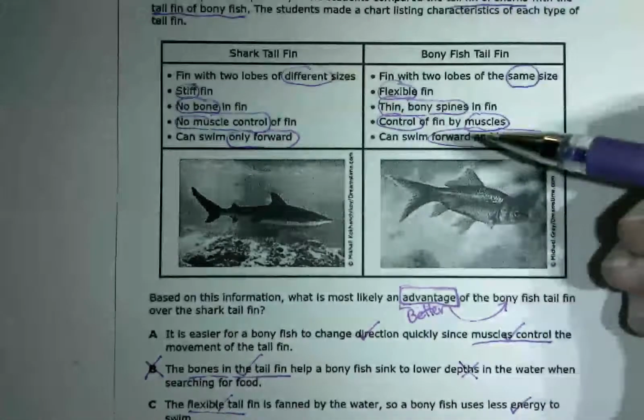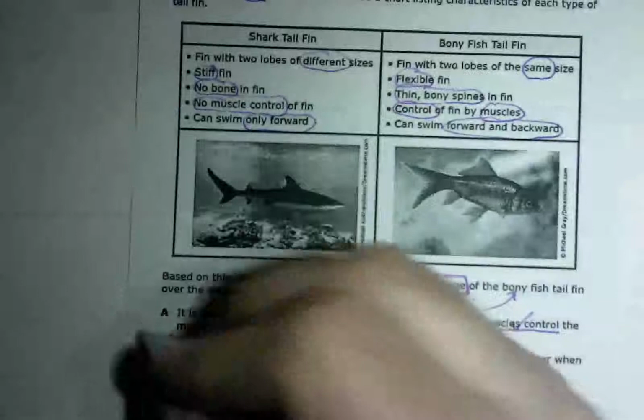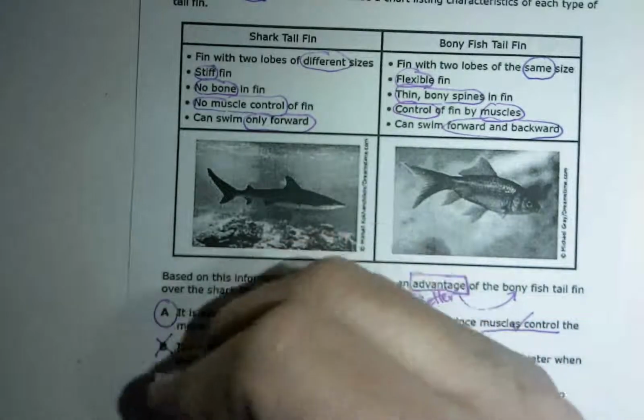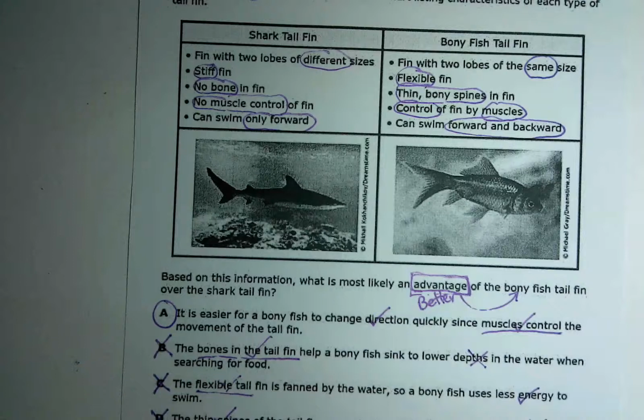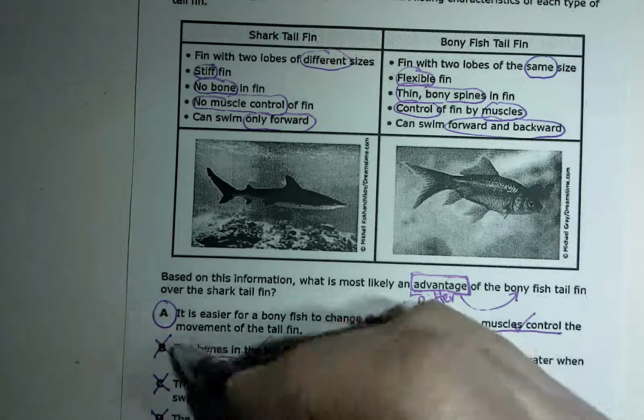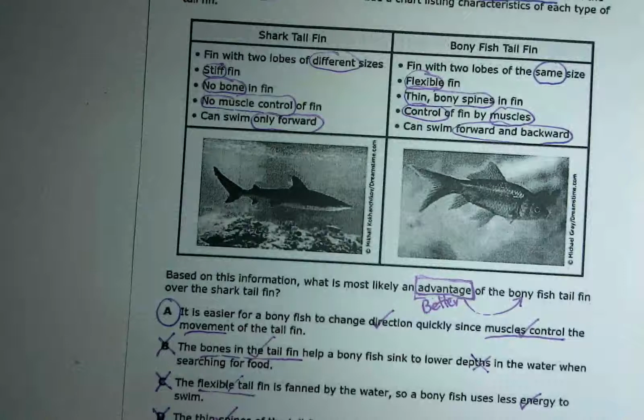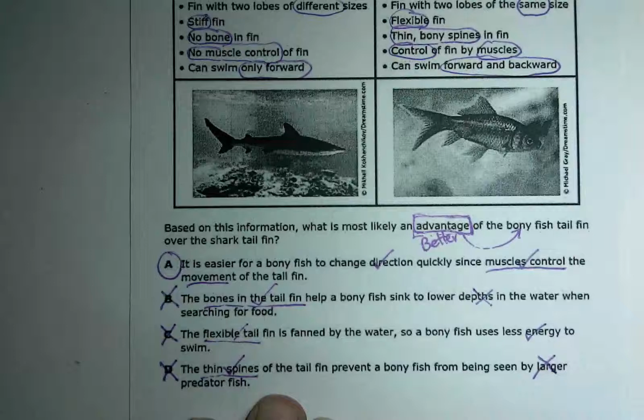And so I would say that A is the better answer choice because being able to move forward, its flexibility, its muscle control would give it an advantage when moving versus the shark's movements. Okay, so the answer choice to this one is A.